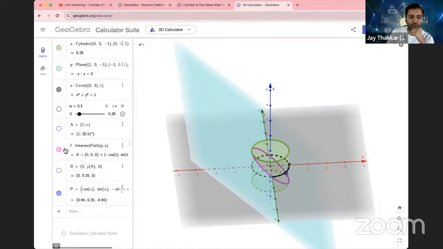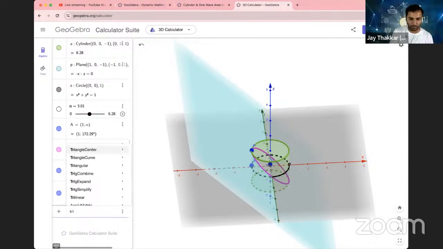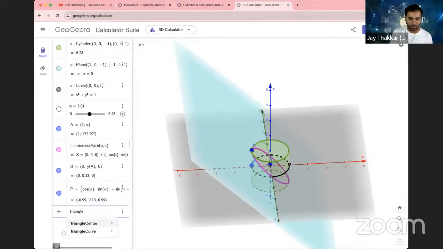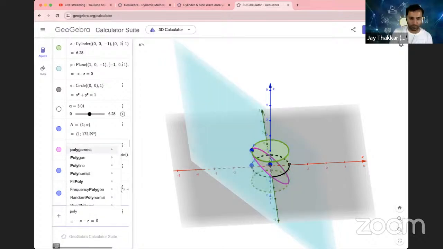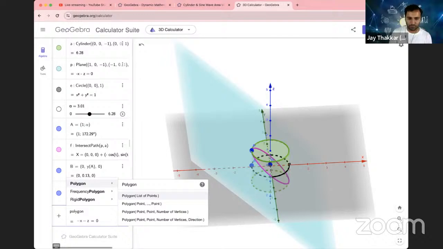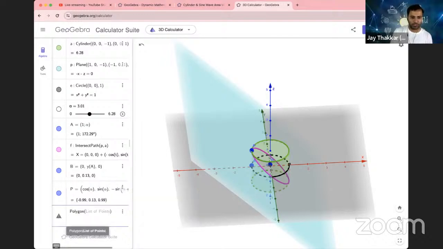If I look at the right triangle formed by these points, which is PAB, this is the right triangle I'm interested in.